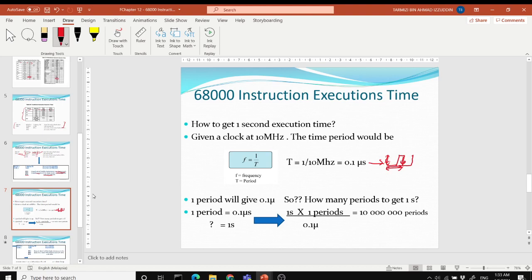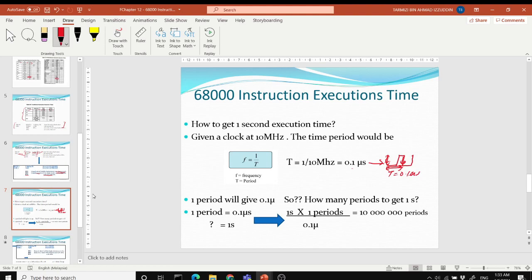Falling to falling. If you are taking from rising to rising, then it's the same. So for 1T over here, it will take 0.1 microsecond if you are using a 10 megahertz clock.